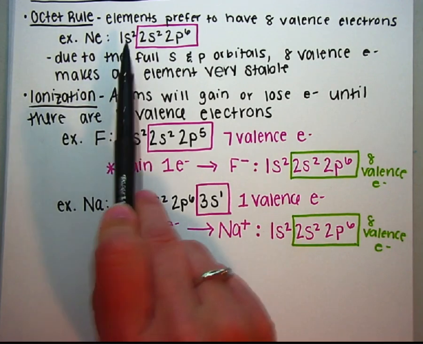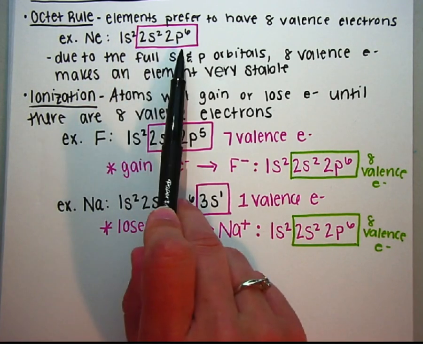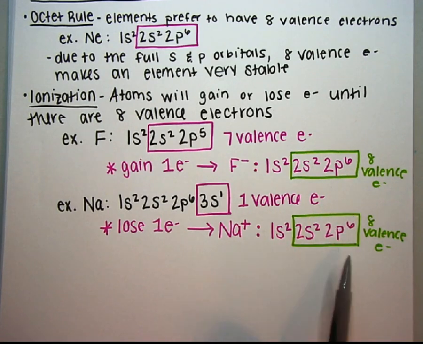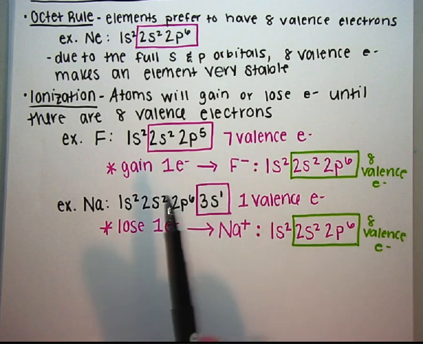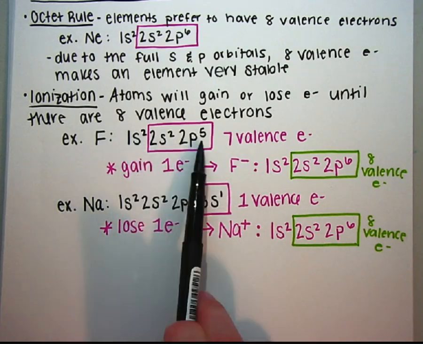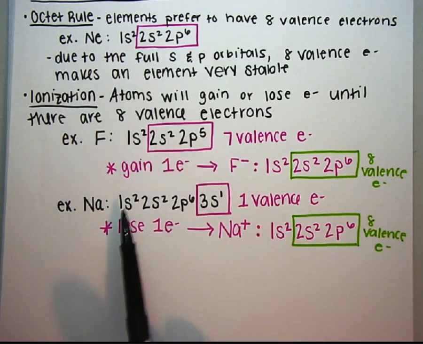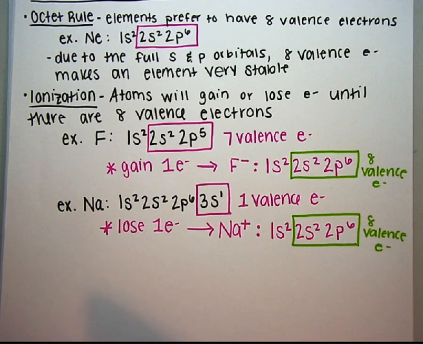Notice that the electron configuration of neon, the fluorine ion, and the sodium ion are all the same. We would call that isoelectronic. Fluorine starts with a total of 9 electrons and it gains 1 to match neon. Sodium starts with 11 total electrons, it loses 1 to match neon.